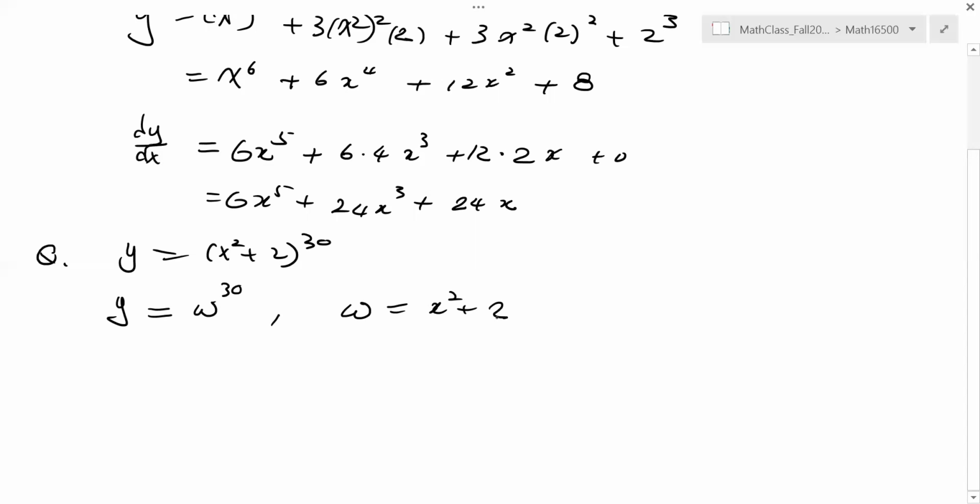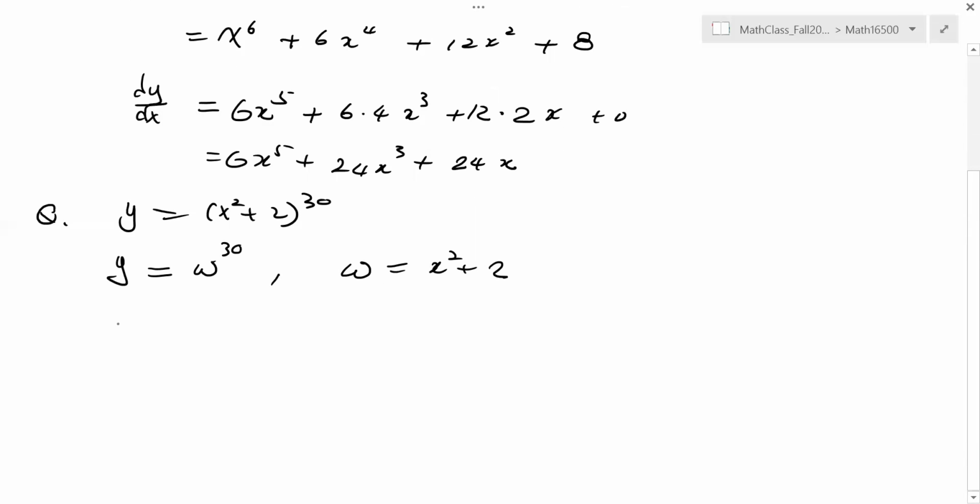Then it's going to be easier to find the derivative. So what I'm going to do here is called the chain rule. The derivative of y with respect to x is going to be the derivative of y with respect to w times the derivative of w with respect to x.